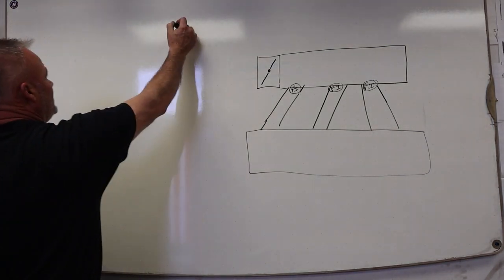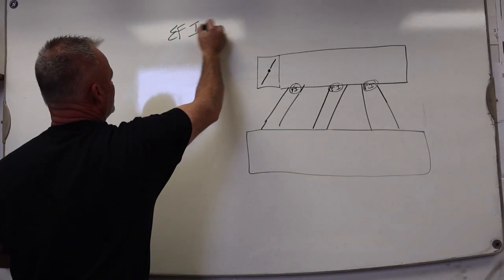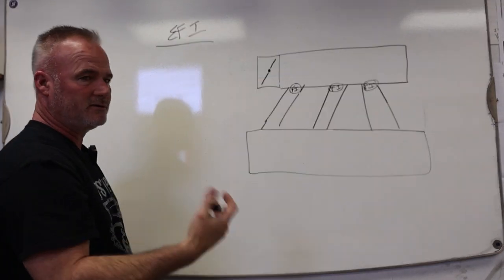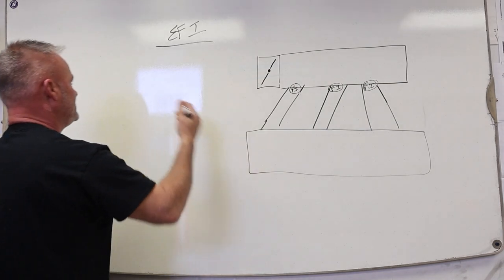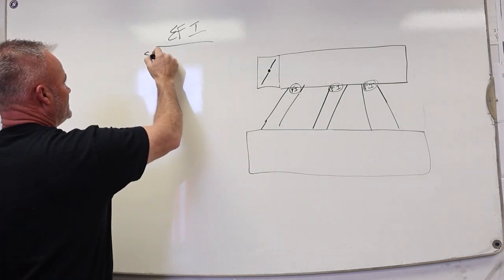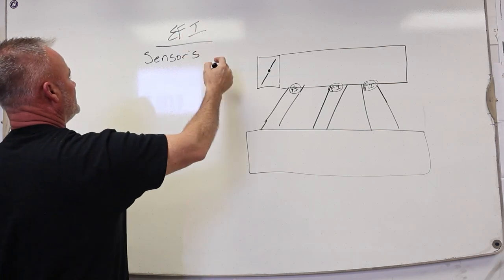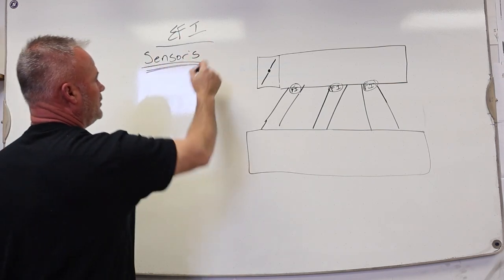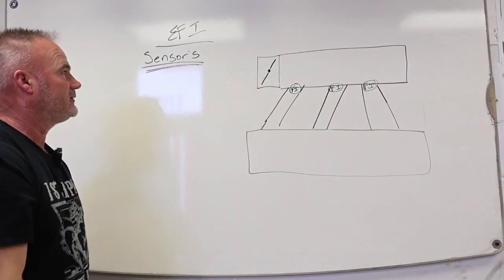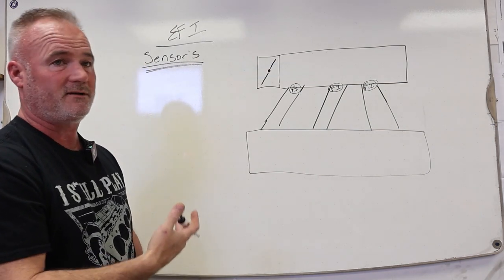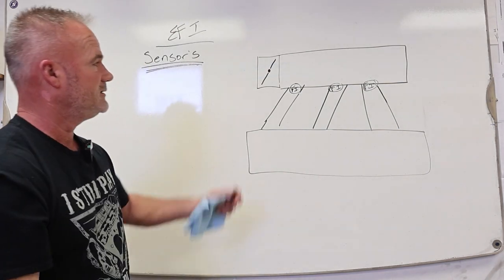So the EFI knows about how much fuel to deliver based off of sensors. So sensors are important. So the first sensor that is obviously in our face, or will be in our face, is what?